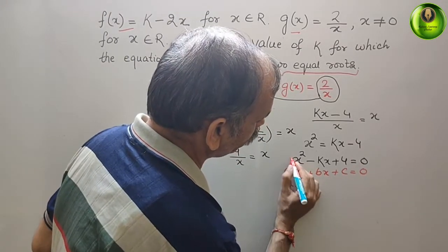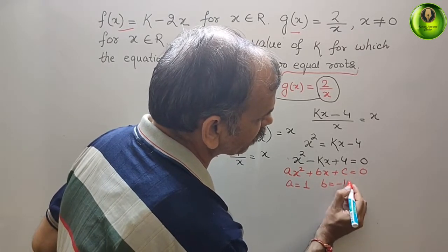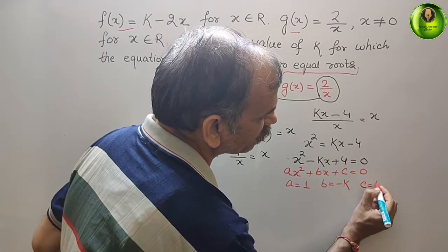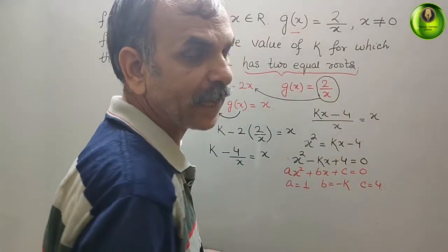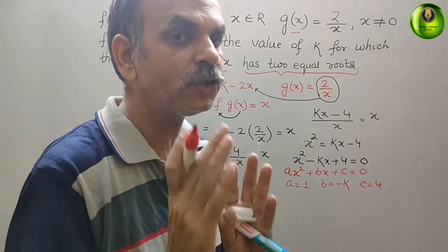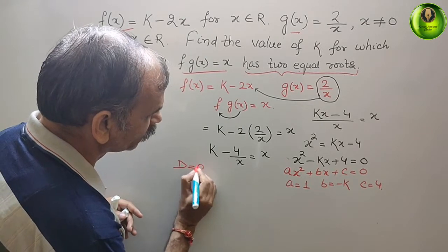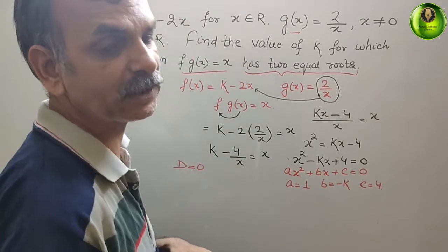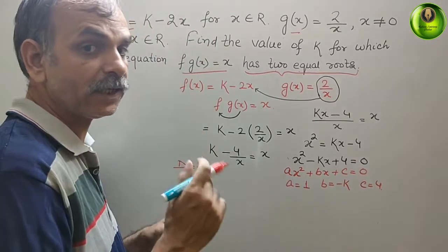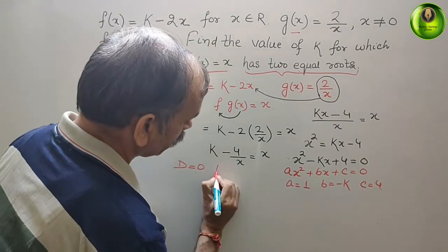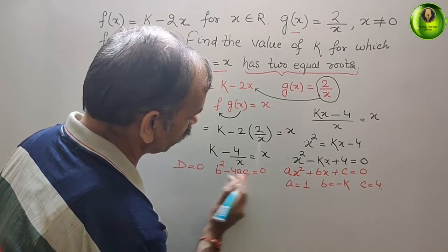Now, a is equal to 1, b is nothing but minus k and c is 4. If it contains 2 equal roots, that means the discriminant is 0. So what is the discriminant? Discriminant is nothing but b square minus 4ac, as we have learned in quadratic formula. b square minus 4ac, that is equal to 0 now.